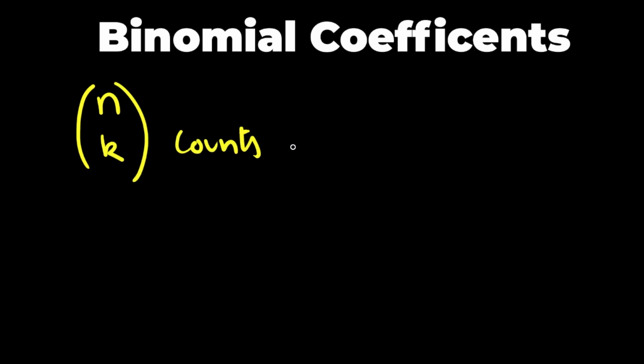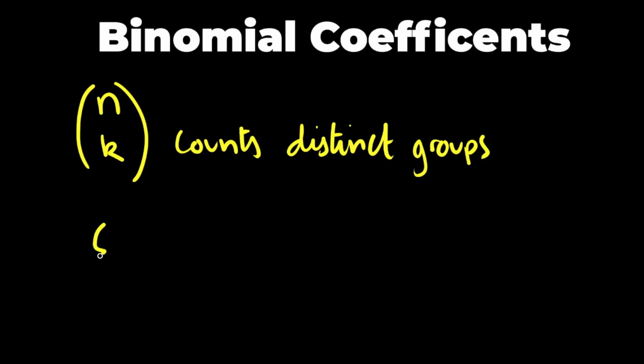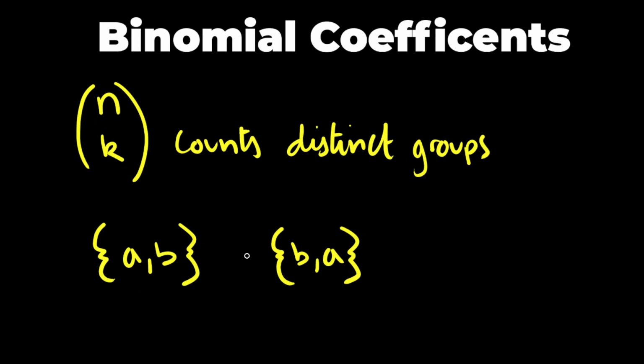And the final important thing to remember is that (n choose k) counts the distinct groups. Okay? What that means is, if I have AB, and then I also have BA, there is no difference between these.